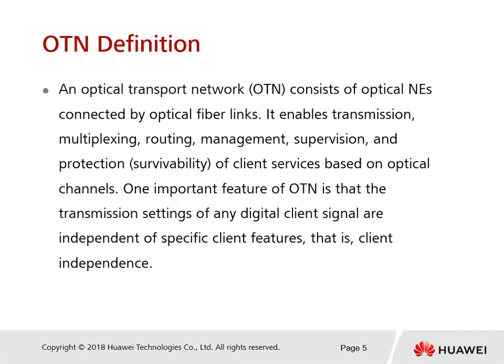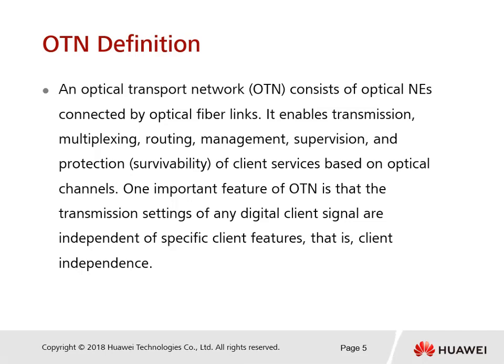So first, let's look at the OTN definition. So what is the OTN? Here we give you the definition. An optical network consists of optical NEs connected by optical fiber links. It enables transmission, multiplexing, routing, management, supervision, and protection of client services based on optical channels.